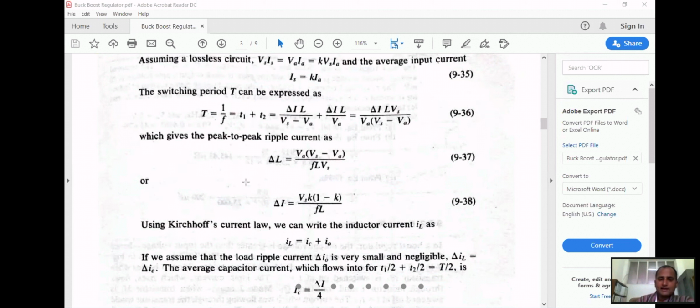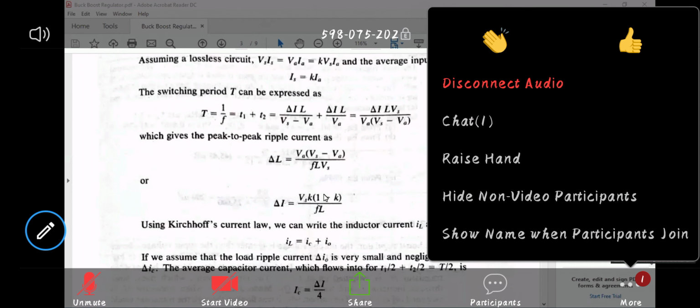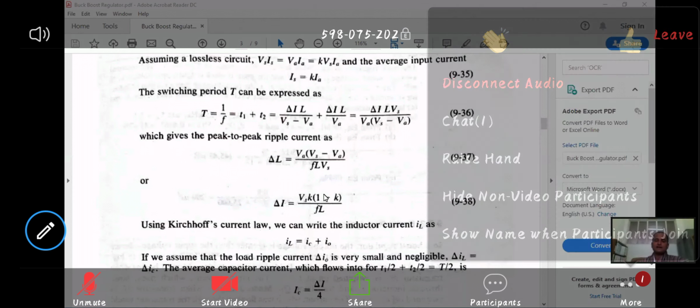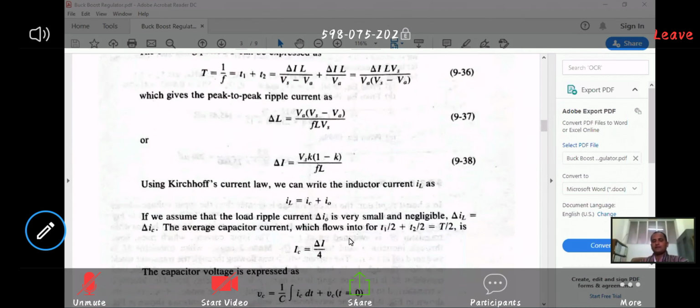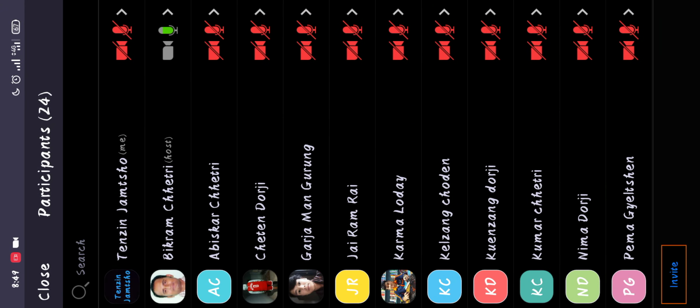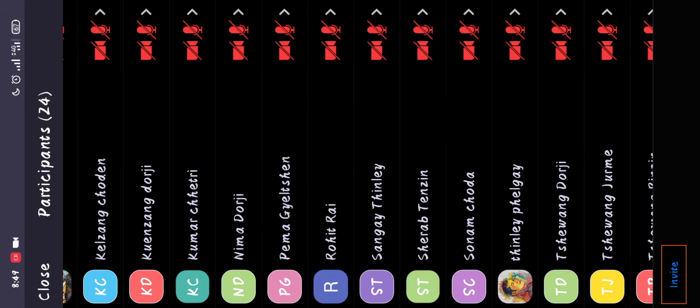With the help of Kirchhoff's current law, we can write the inductor current IL equal to IC plus I naught. If we assume the load ripple current del I naught, it is very small and negligible. So the inductor current is equal to the capacitor current, and the change in the inductive current is equal to the change in the capacitive current.